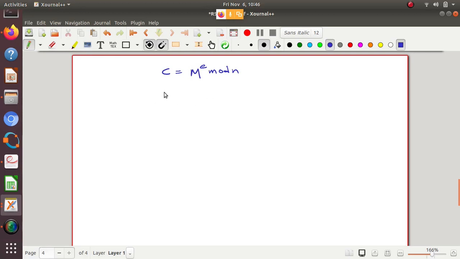Then, to decrypt, how was decryption? To decrypt, C to the power D mod n, that is ciphertext to the power D mod n, will give our message. This is decryption.